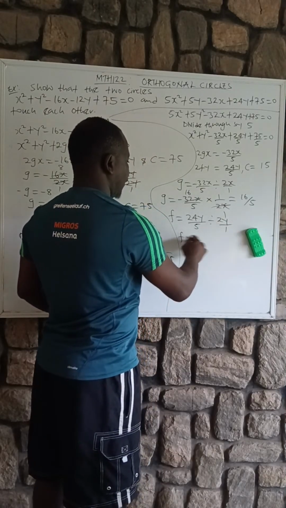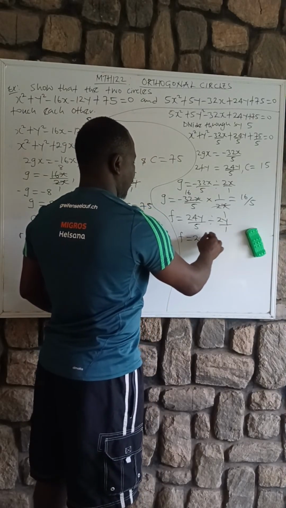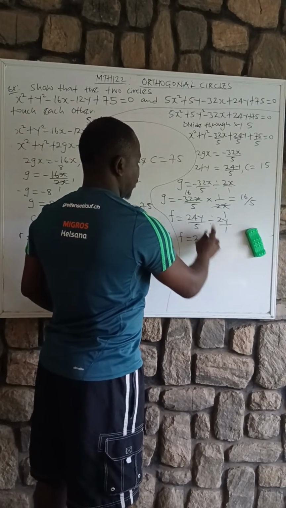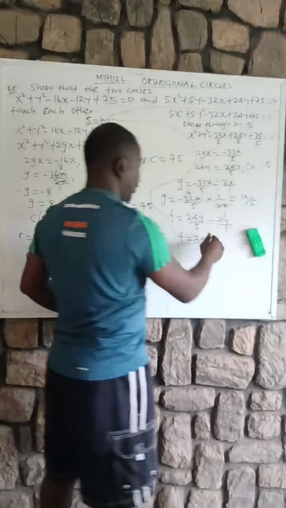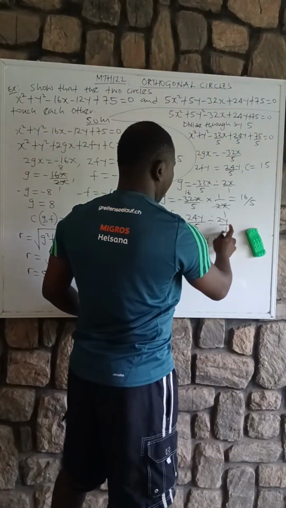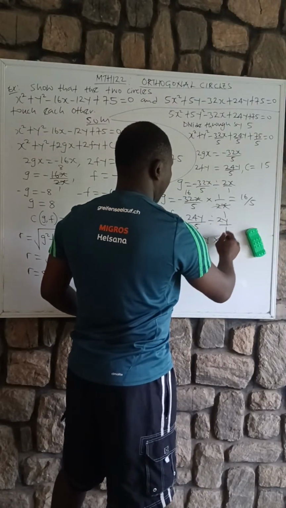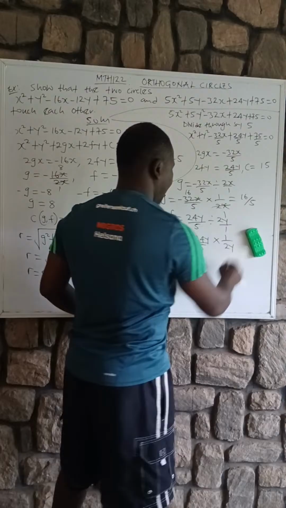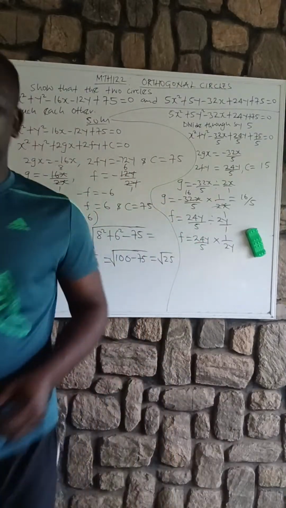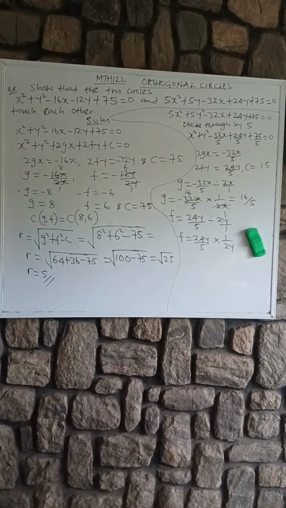Then our F will be equal to 24 all over 5, and by the time we convert the division to multiplication, this one will come up, this one will come down, 1 all over 2y. Amen. I hope you are following. Do you understand?